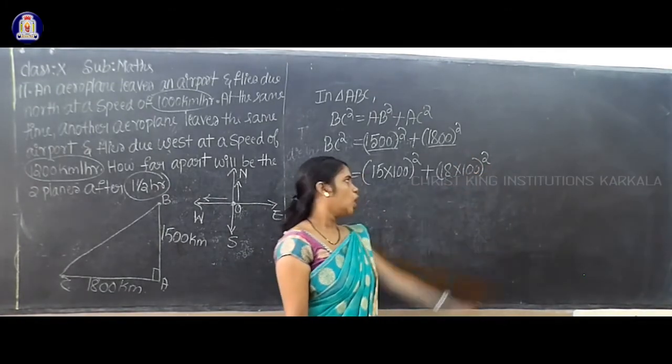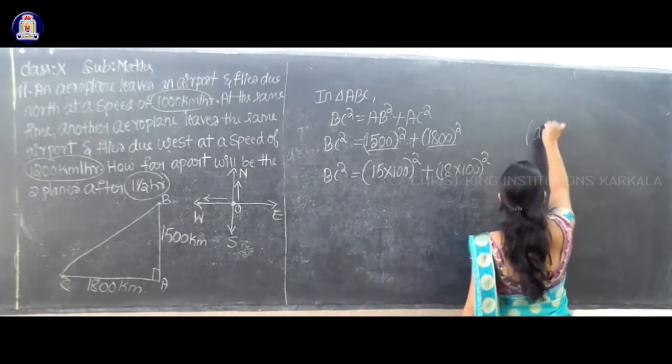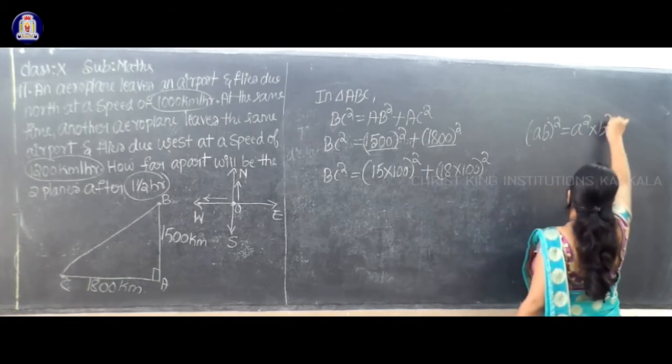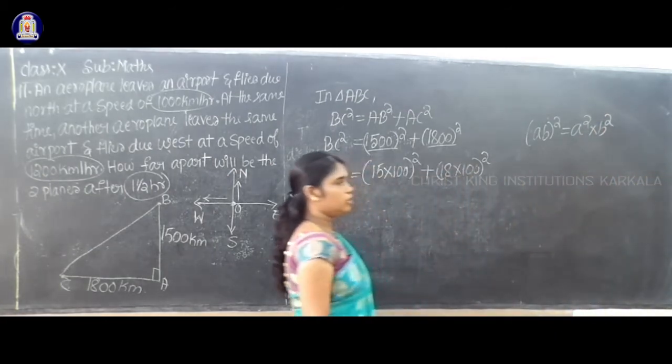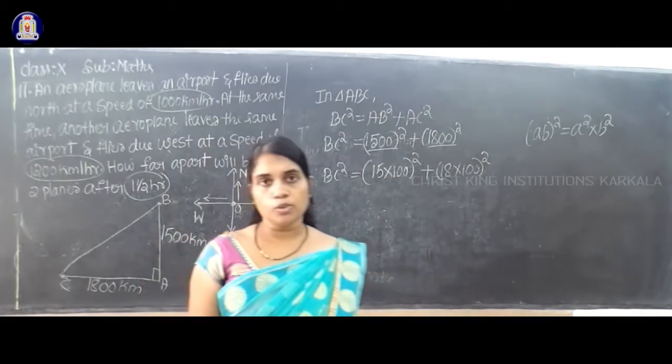Okay. So now, see students, if you have AB whole square, can you split it as A square into B square? AB whole square is nothing but A square into B square, isn't it?